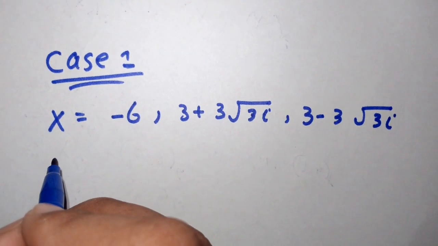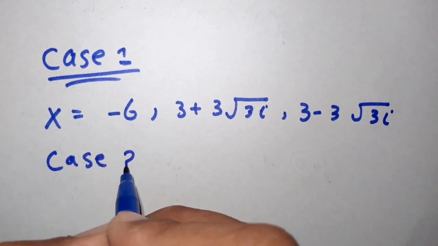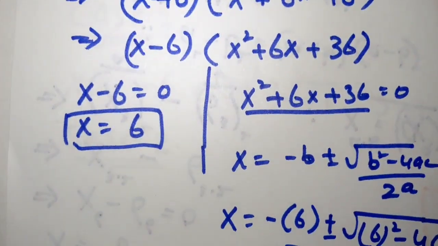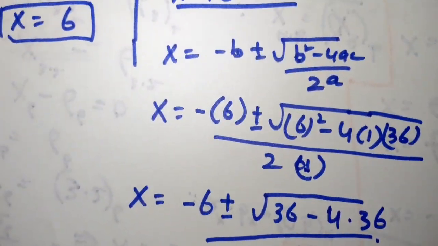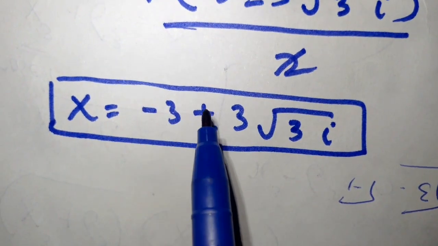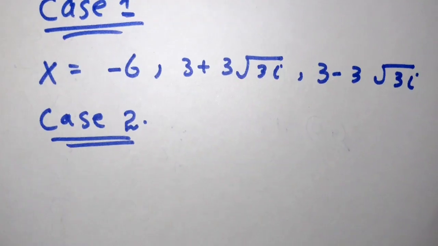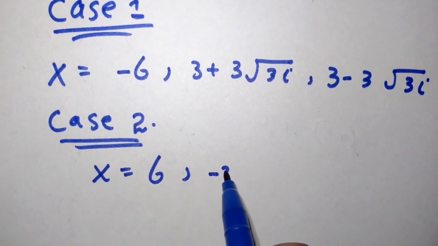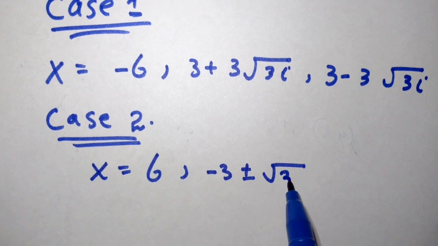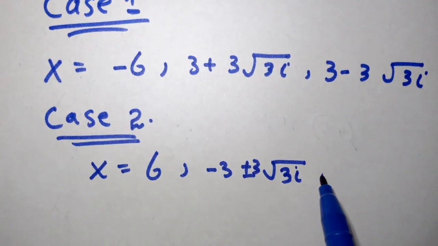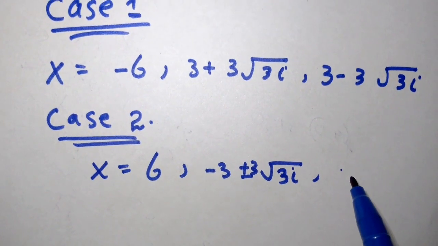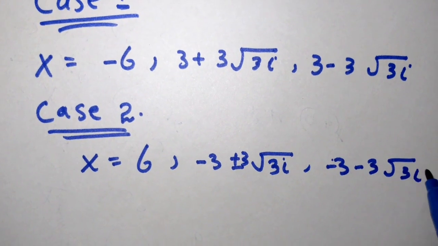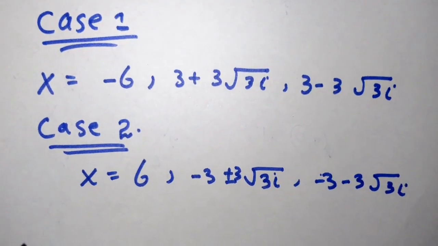Now the answer from case 2 is, this is case 2, and here the one answer is 6 and the other answers are x is equal to minus 3 plus minus 3 square root of 3i. So this is the solution of the question.